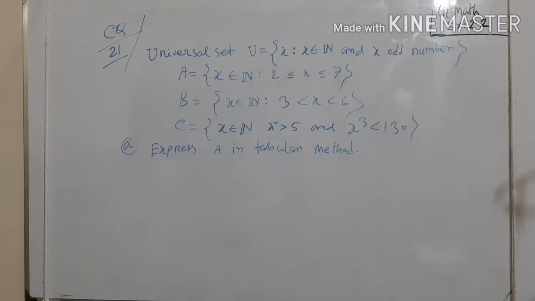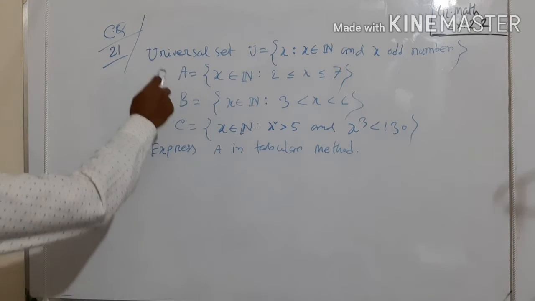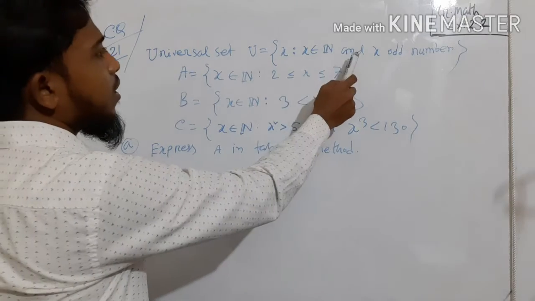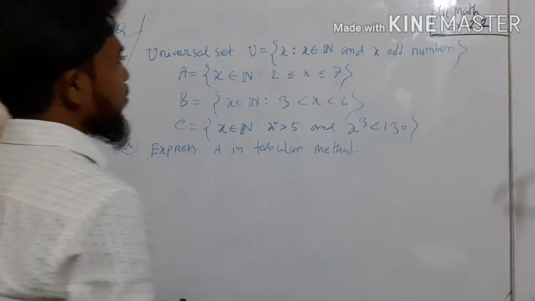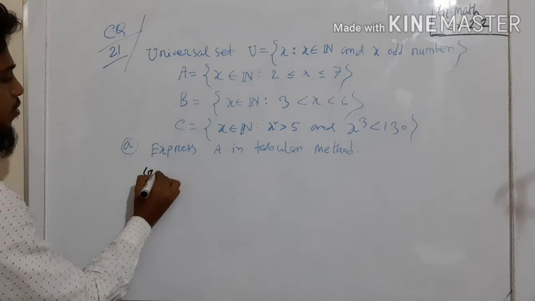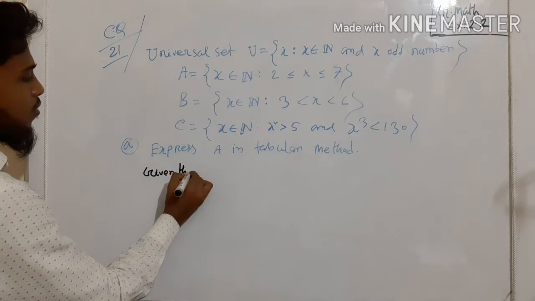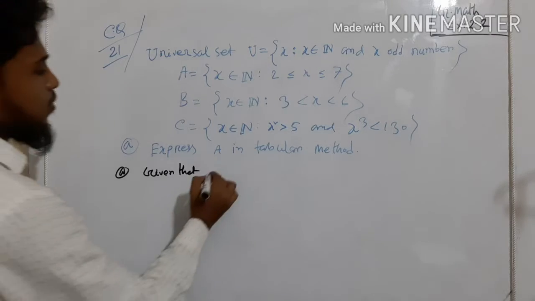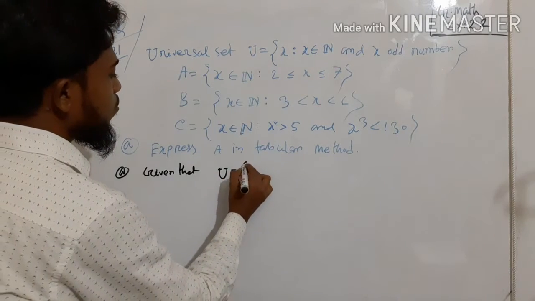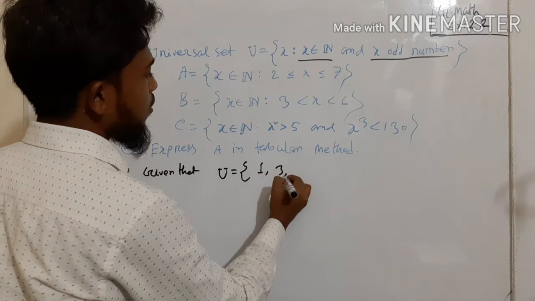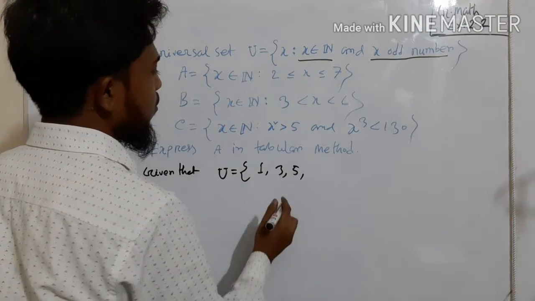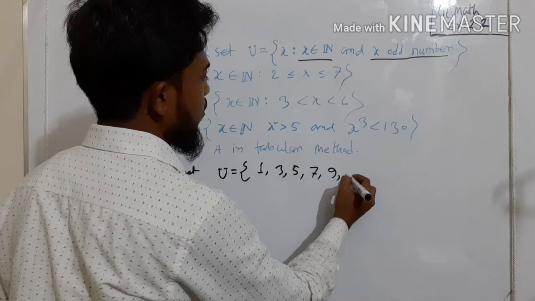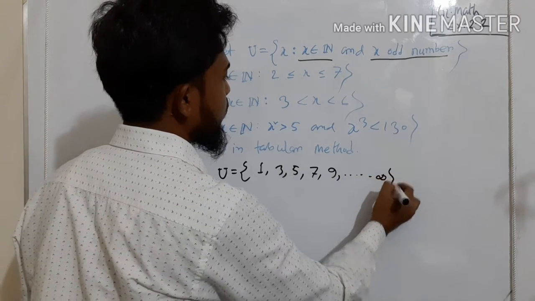Now look here, our given universal set U equal to {x is a natural number and x is an odd number}. So given that U equal to {1, 3, 5, 7, 9, ... infinity}.